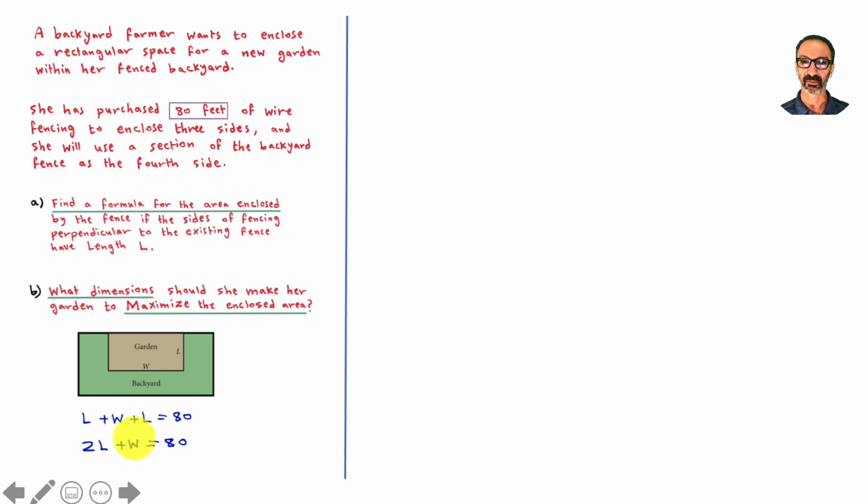I want to solve for W. It's easier to leave W alone by itself, not 2L. I want to have an equation that has one variable, f of x equals, that's what we call it. X is my input and y is my output. Here I don't see x and y, but I want to make a connection between the whiteboard x y language in classrooms and real life, which is now L and W. So here we go. W equals 80 minus 2L.